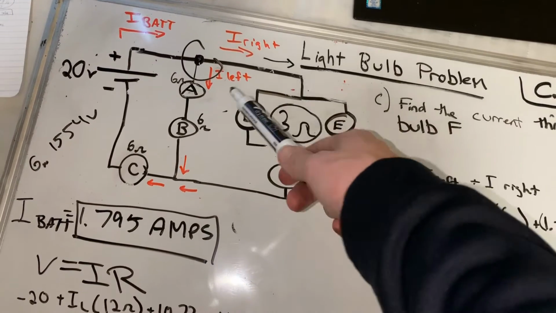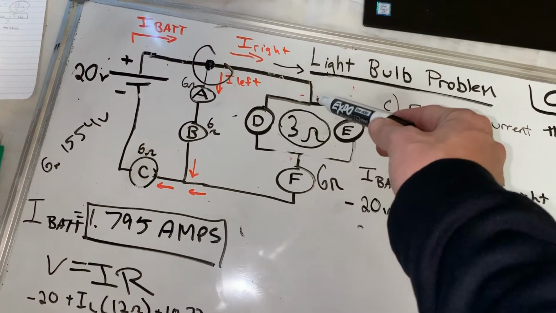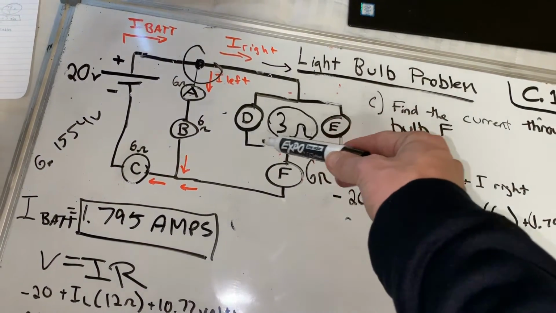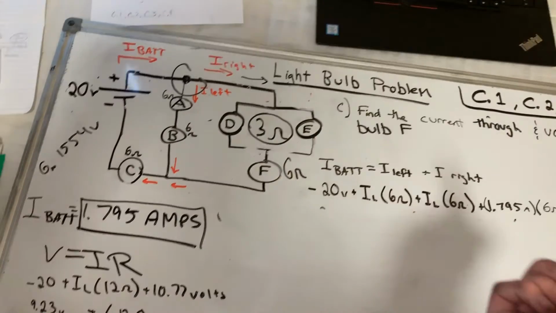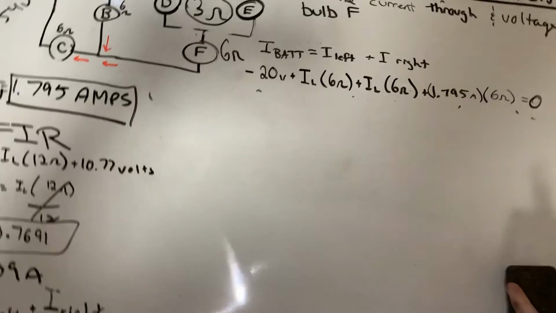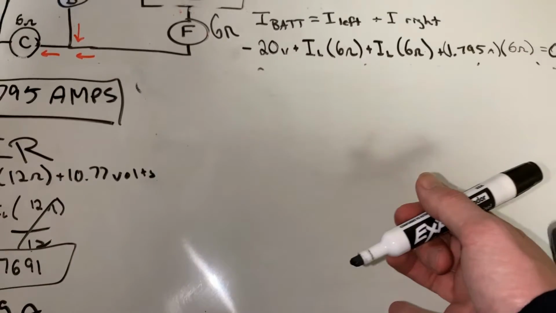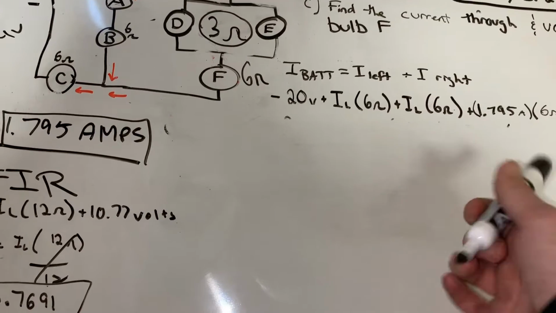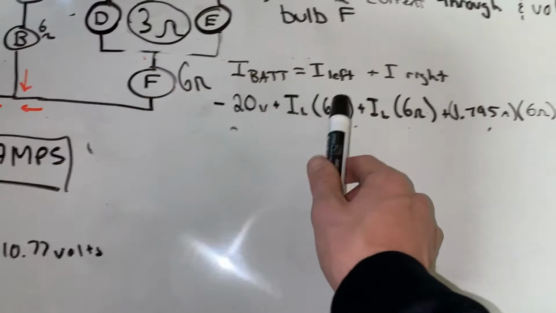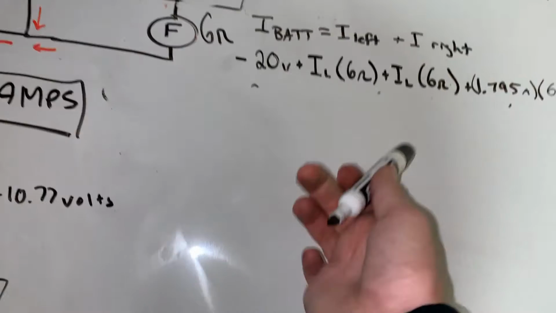Even though it splits here, the current's going to equally split to both sides here down the right branch, and then it's going to come together right before F. So F is just going to be I right, the current, I mean. So we don't have I right, but we can solve for I left, and we have I battery.